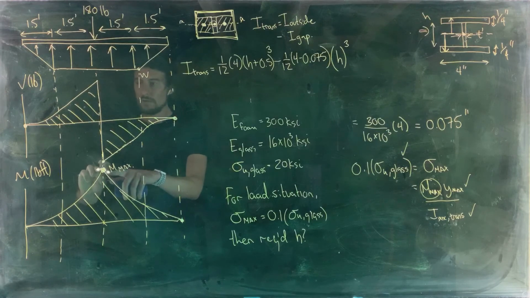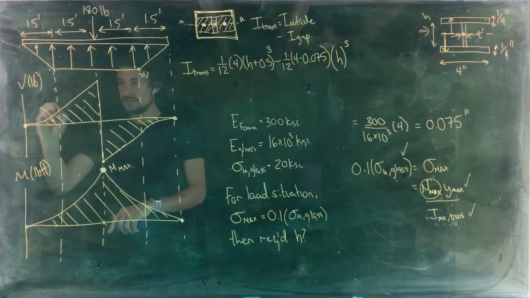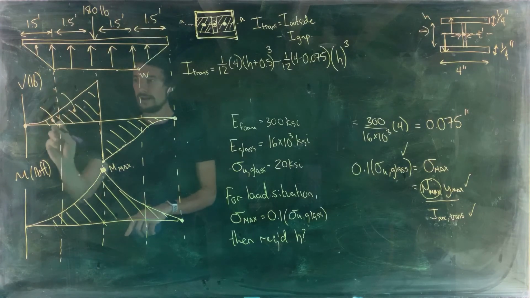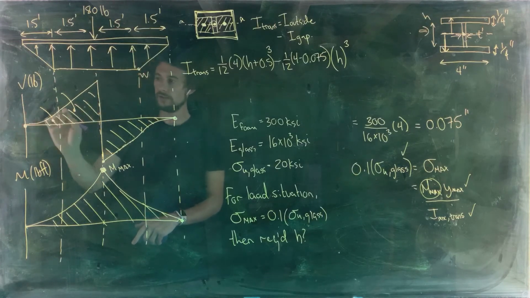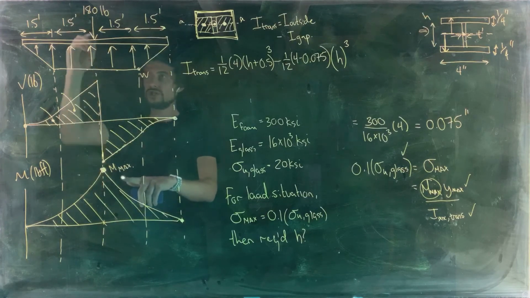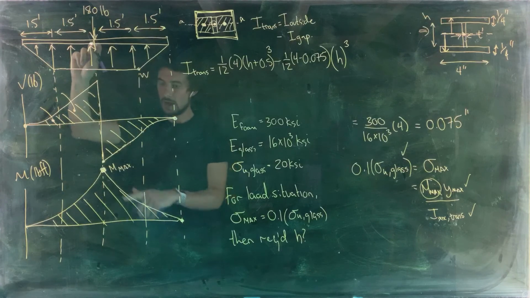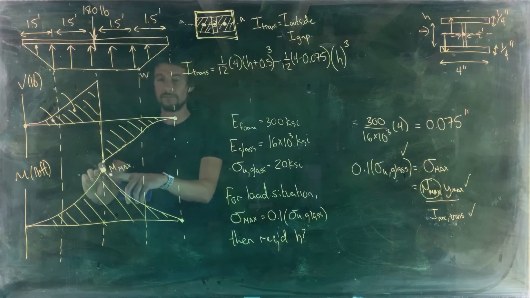So rather than going through the process of calculating this area and calculating that area and adding them together, which requires getting an equation for this line and then integrating it and then calculating the area of a rectangle and a triangle and adding those together, we can just do a section cut right at the location of our maximum moment and analyze one half or the other half of the free body diagram to figure out what M max is.